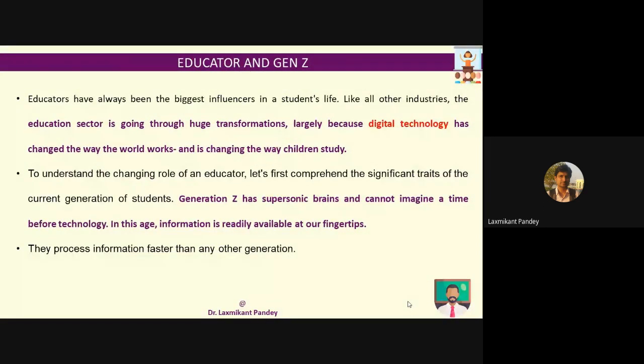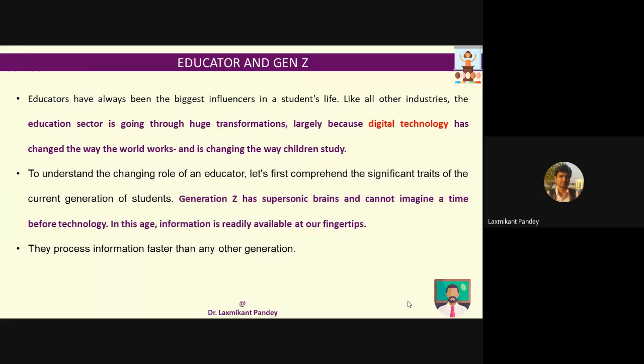Now the next thing is the educator and the generation. The educator is the person who is teaching, and the generation is whom we are going to teach, the students. If we talk about today's generation, it is named generation Z. Today's generation is something different.